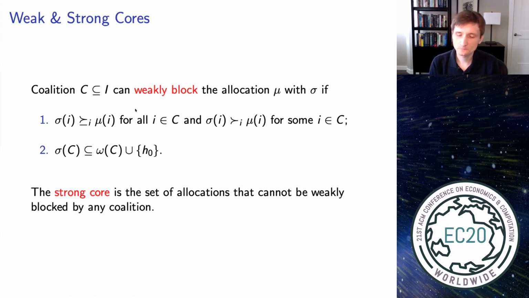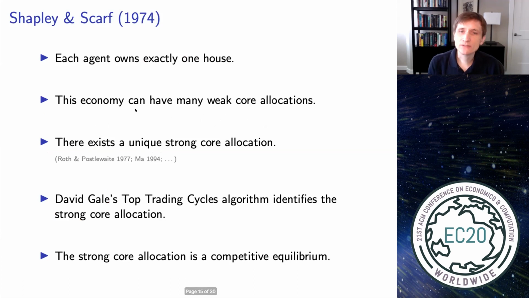The strong core is the set of allocations that cannot be weakly blocked by any coalition. Now, these two solution concepts are very classic ones, and they perform quite well in many benchmark cases. In the Shapley and Scarf model, where each agent owns one house, they do perfectly fine. There are many weak core allocations, and there's a unique strong core allocation, of course, and it's the one that's identified by the trading cycles algorithm.